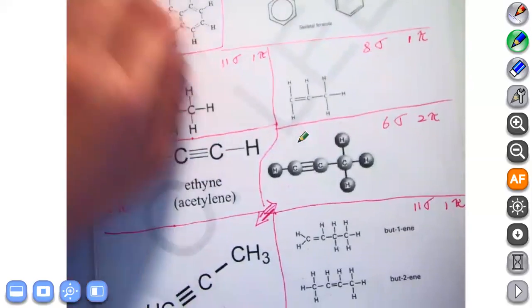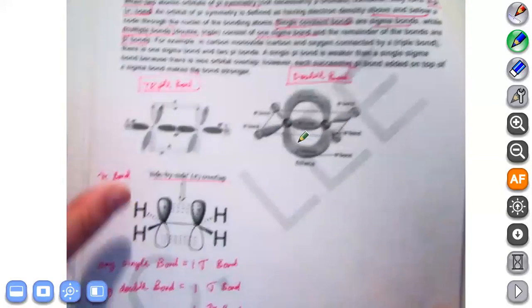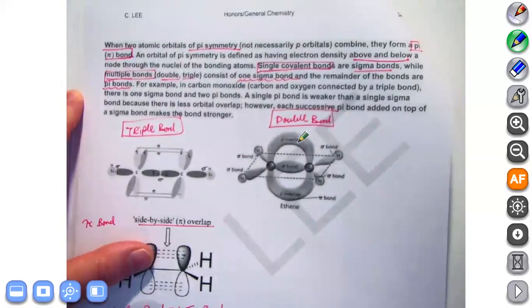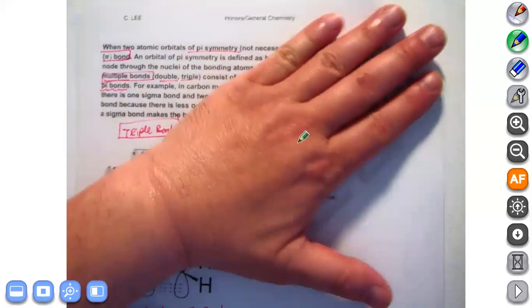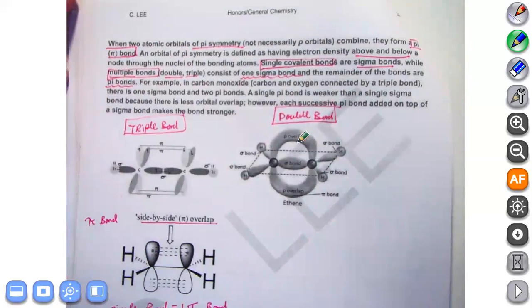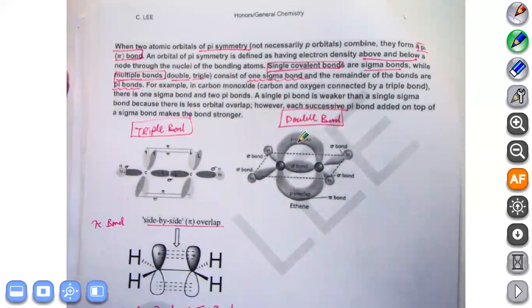Now, let's look at what we mean by pi bond. It doesn't mean the same thing as the mathematical constant pi. So let's read this passage together.